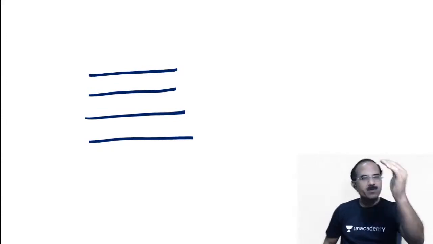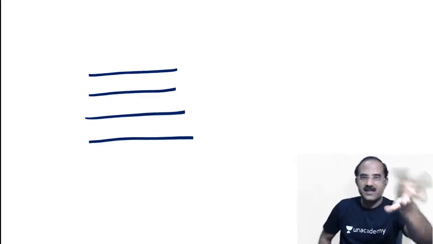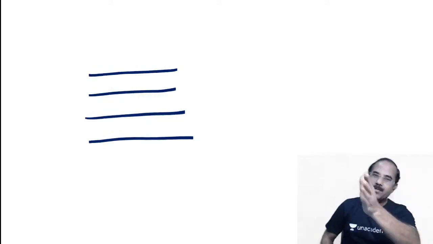Very good. The epiblast forms all the 3 germ layers, or the epiblast enters the primitive streak, gets modified and forms all the 3 germ layers. So whether you say epiblast or primitive streak, it's the same. These 3 germ layers are formed by the epiblast or primitive streak.